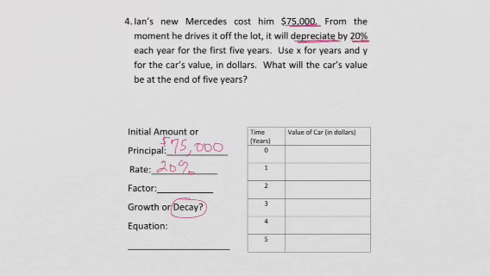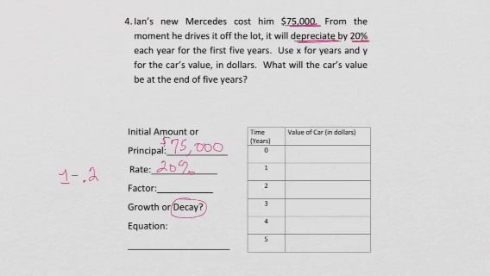When you see the rate, again, it's depreciating. So to get the factor, it's 1 minus the rate, which if you move the decimal point from 20% two places left, it's going to be 1 minus 0.2.